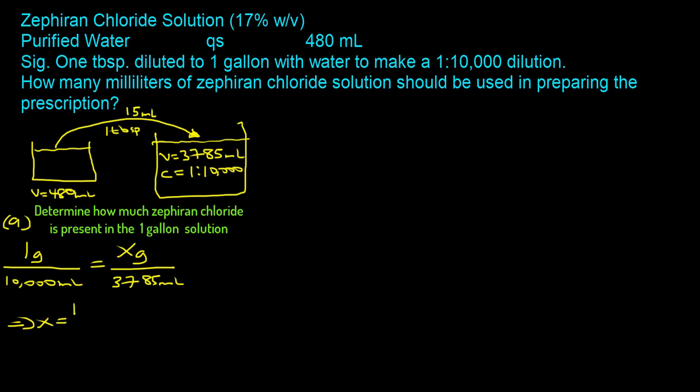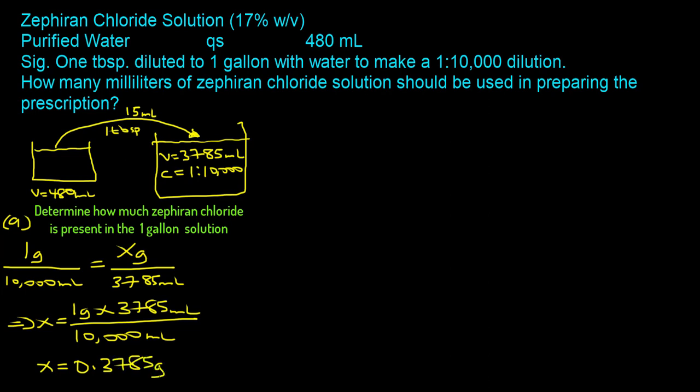And so x equals 1 gram times 3785 milliliters divided by 10,000 milliliters. So x is going to be equal to 0.3785 grams.